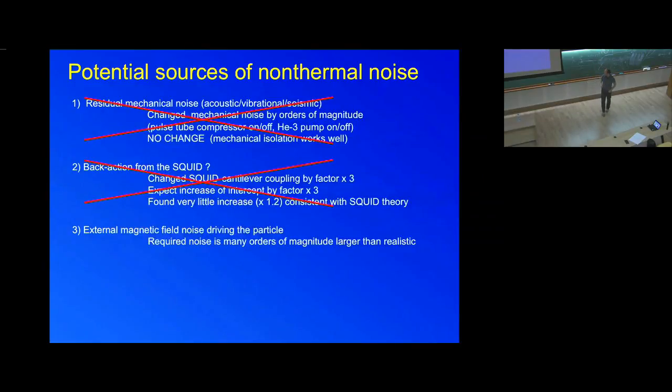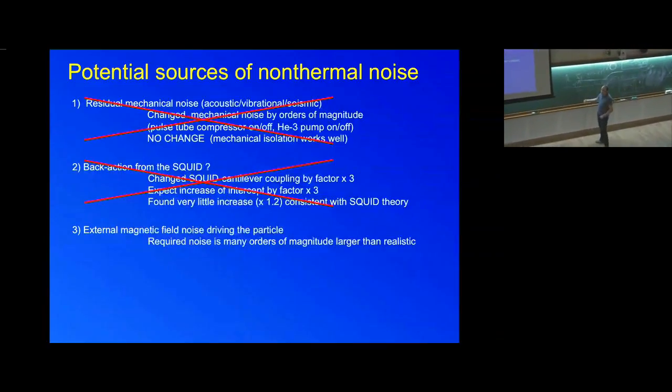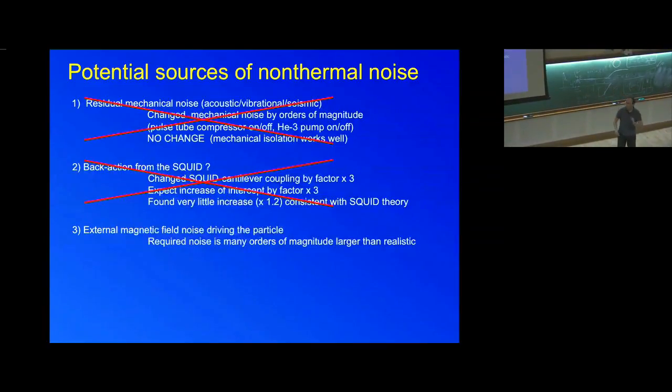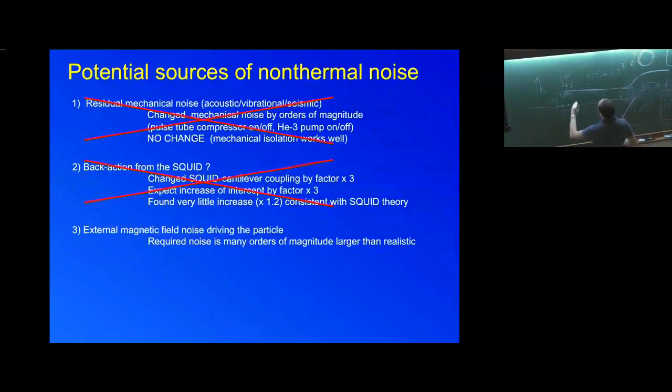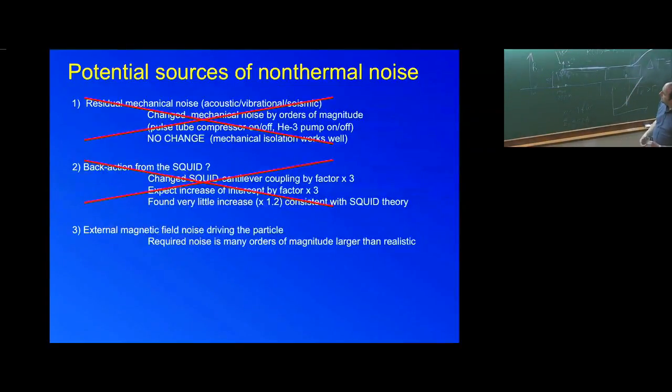Actually, if you have a field which goes in this direction, a noisy field which oscillates, then you have a magnetic moment and a field here, and then you would have a torque. So this particle would like to rotate, and it turns out that this is equivalent to having a force on the cantilever.